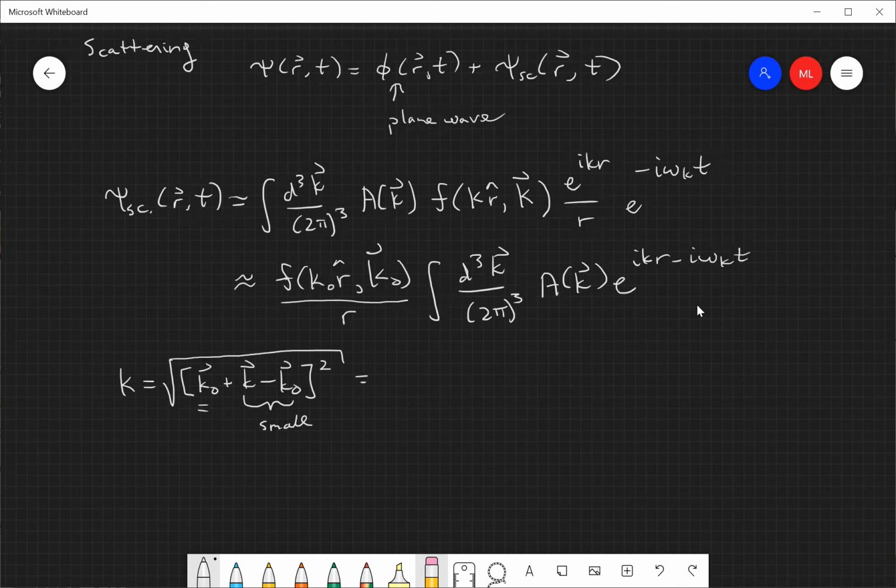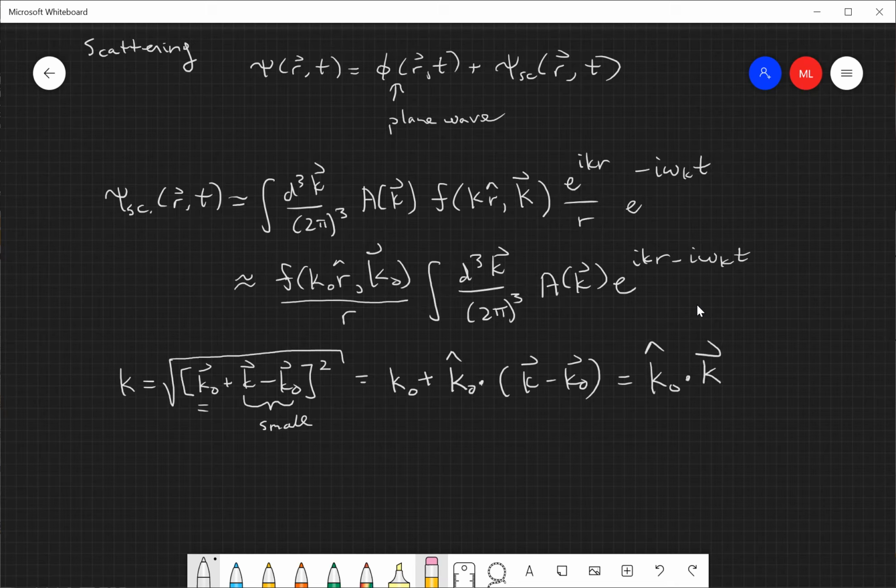Then you do the Taylor series of that. And the first term, of course, if this is small, is just k naught, the magnitude, your initial wave vector magnitude. And then you have the second term, which is going to be k naught hat, that direction, dotted into k minus k naught. It's just a Taylor series for this. And if you look at that, this is nothing but k naught unit vector dotted into k, right?